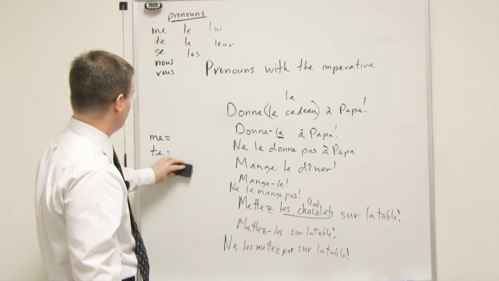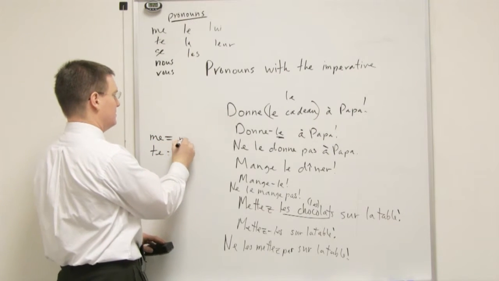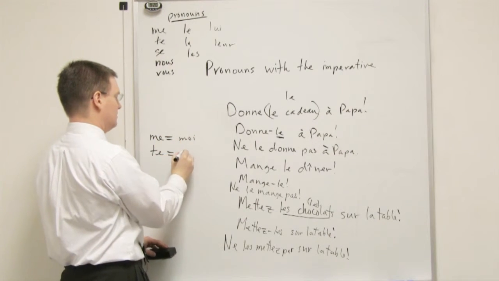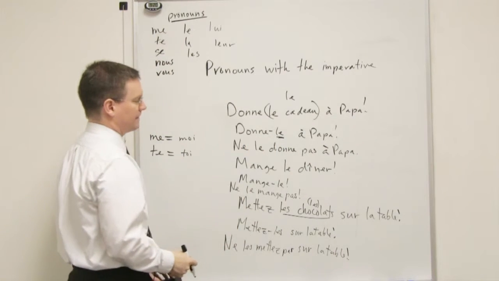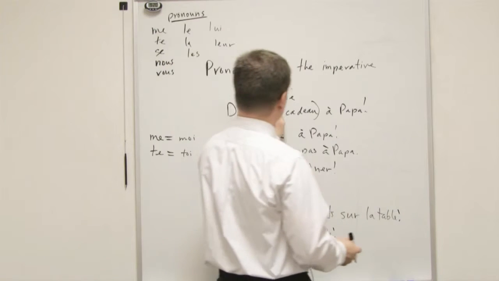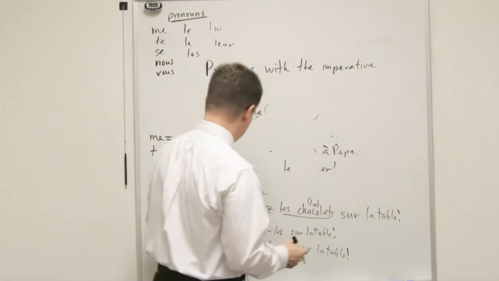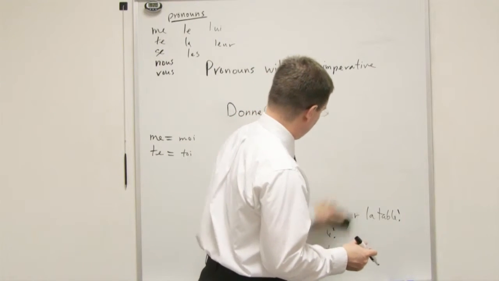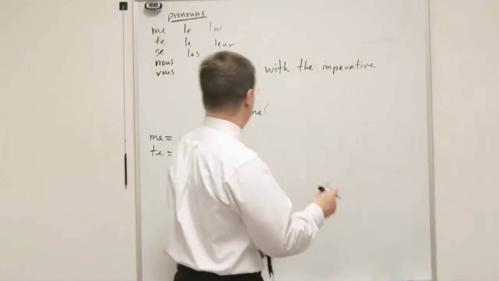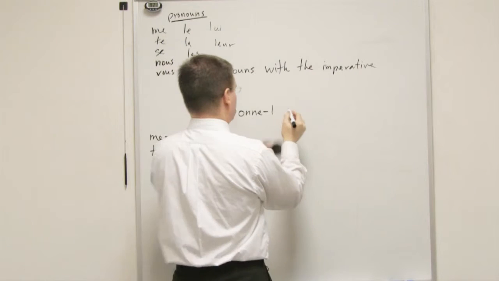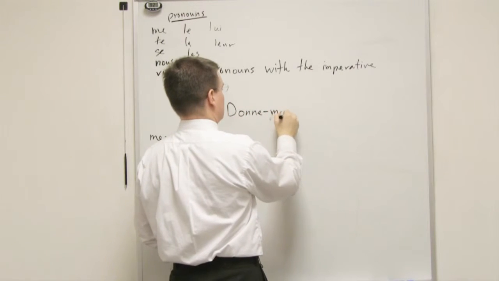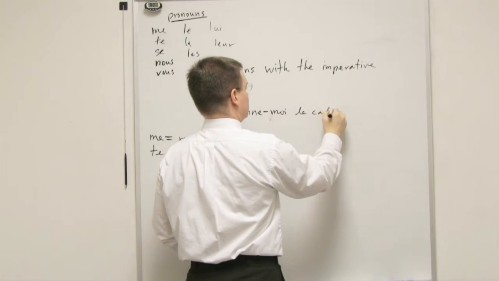Now, if you ever have me, it's going to be moi, and te will be toi if it's after the verb. So, for example, if I want to say "give me the gift," you'll say donne-moi le cadeau.